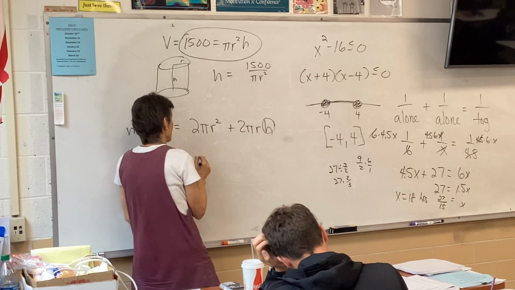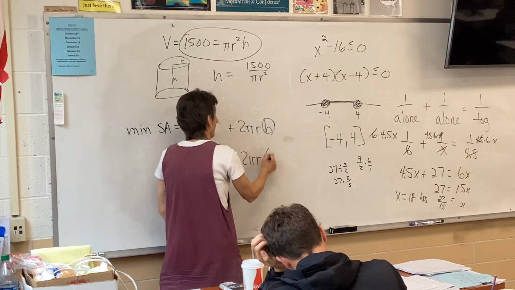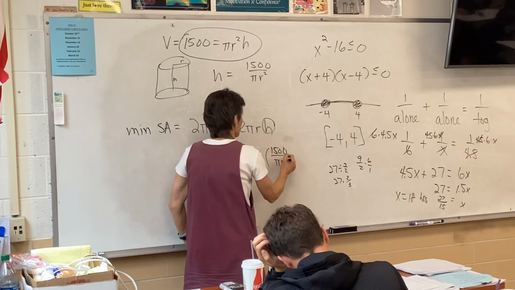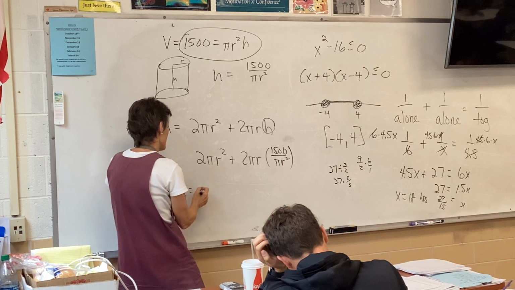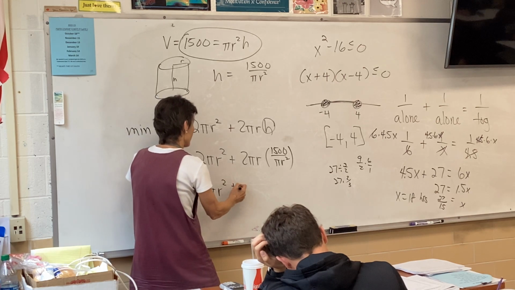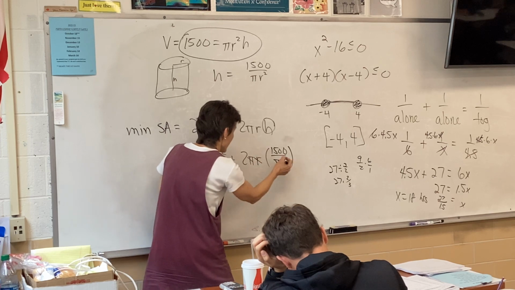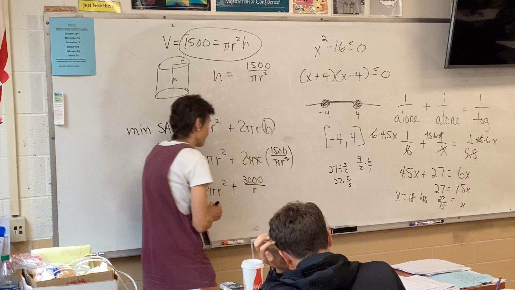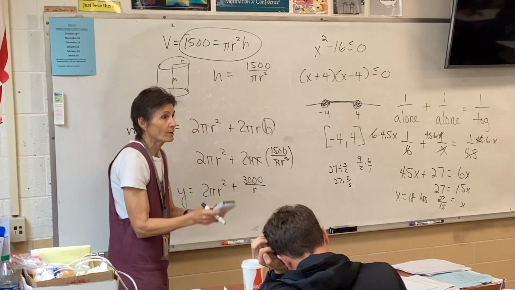So I can plug that in right here, so I have 2 pi r squared plus 2 pi r times 1500 over pi r squared. Let's simplify that before we go to our calculator. So 2 pi r squared plus, pi's are gonna cancel, one of the r's is gonna cancel. Did you get 3000 over r? That's what you're gonna minimize on your calculator.